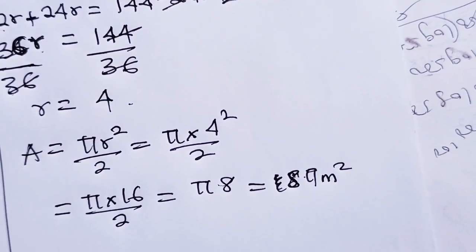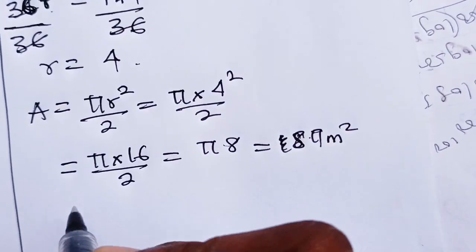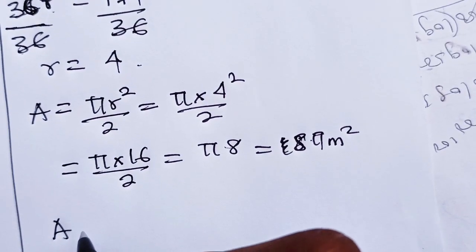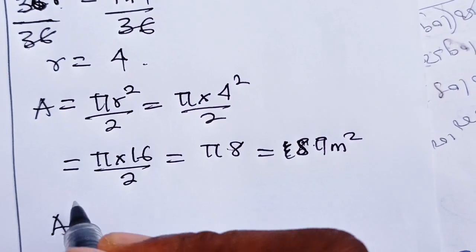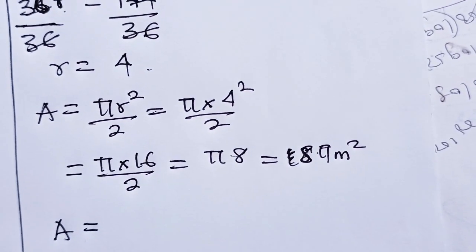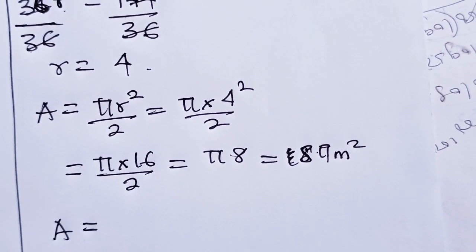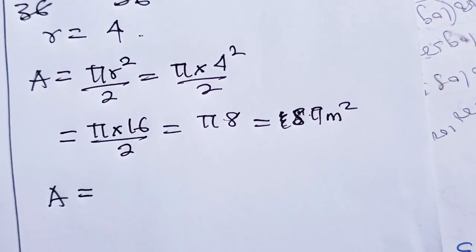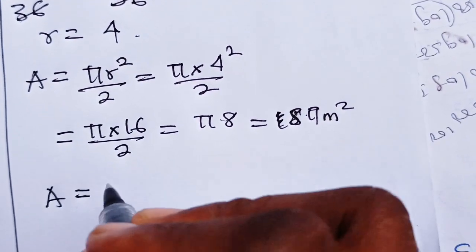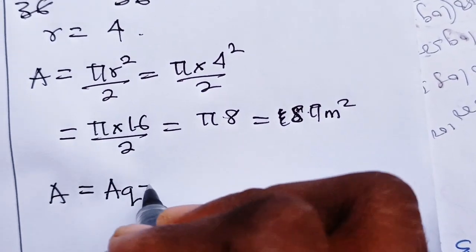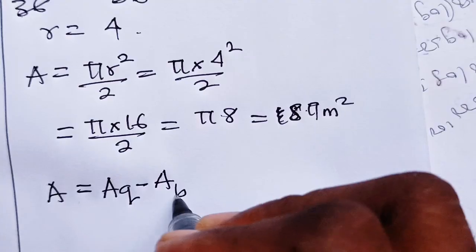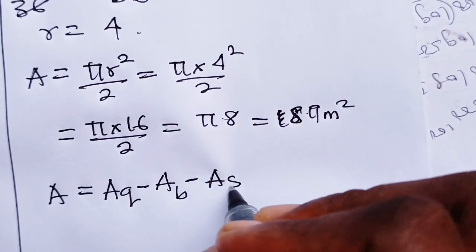meter squared. Now let us collect everything. Remember that the area of the shaded portion is equal to the area of the quadrant minus the area of the bigger semicircle minus the area of the smaller semicircle.